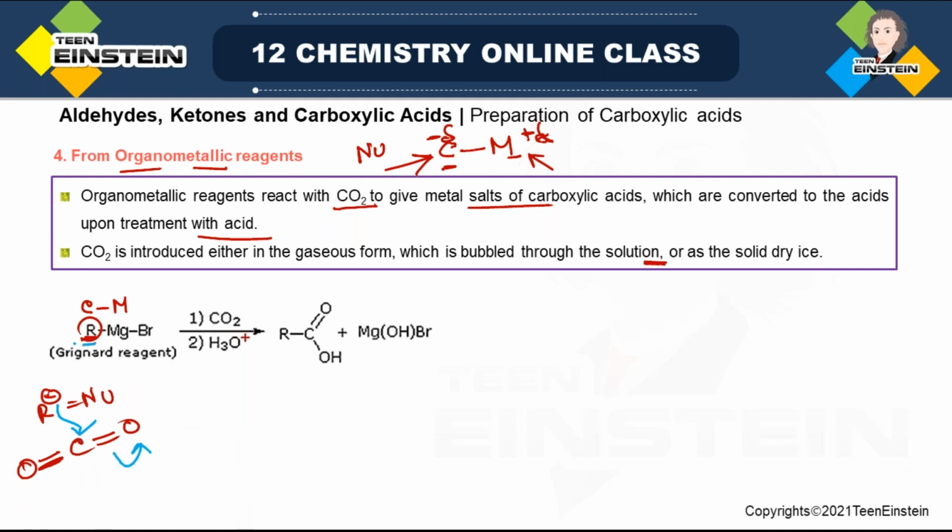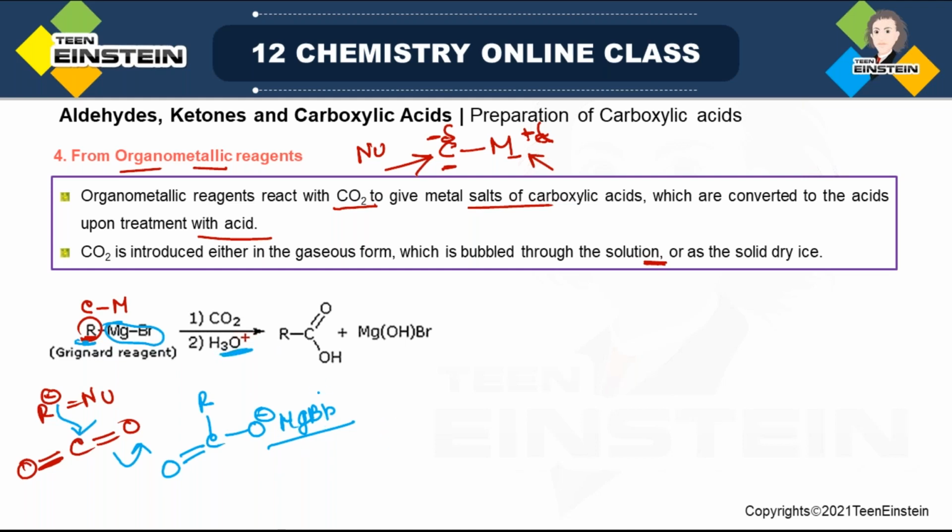Now if this is the negative part, obviously the rest of the part will be the positive part, and you have a negative charge over oxygen. So the structure should be like this. This negative charge will be balanced by the positive part of the Grignard reagent. On the double bond O side, there is no change. So this is the metal salt of carboxylic acid. But finally, if you acidify it, as you can see, H3O plus is mentioned.